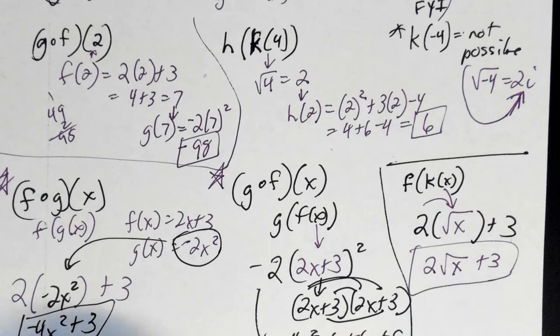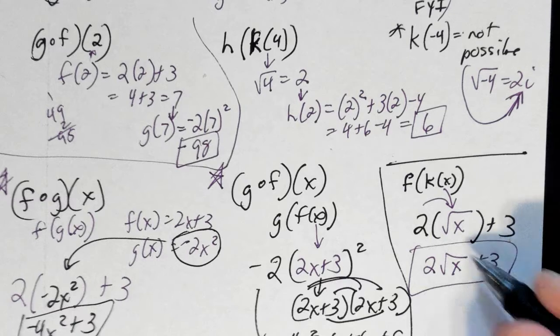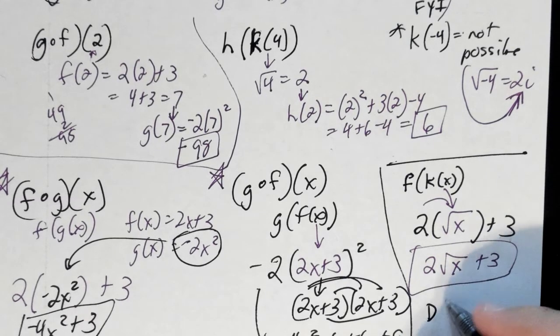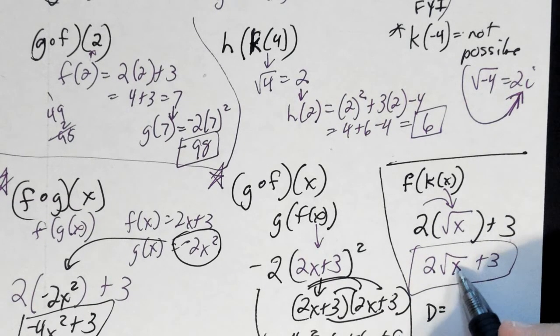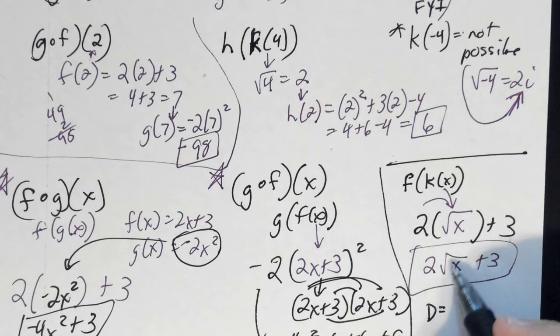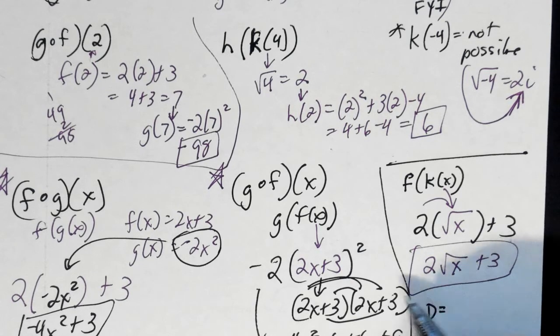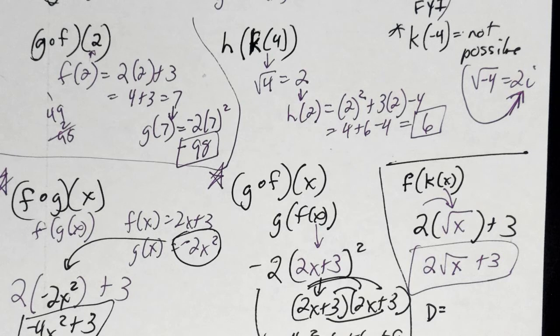Now, what would be my domain if I have a square root? Okay? Now this would apply to the other section too. Remember, this has to be a positive number, correct? So, as long as x is positive, we're going to be fine. Okay?